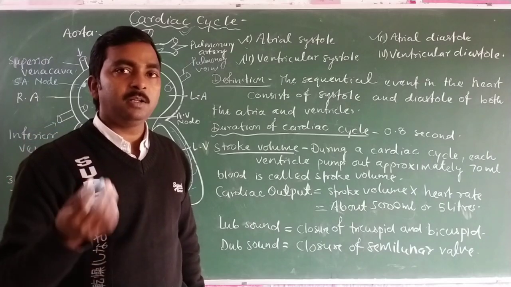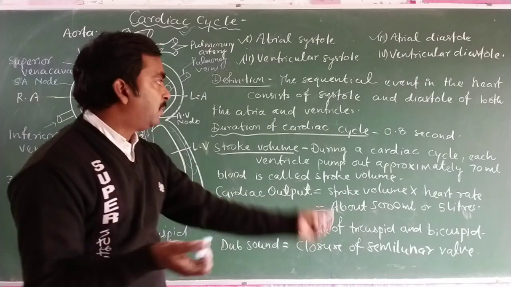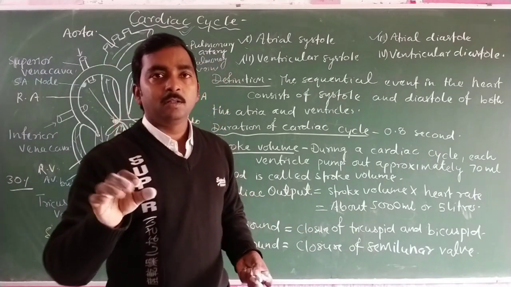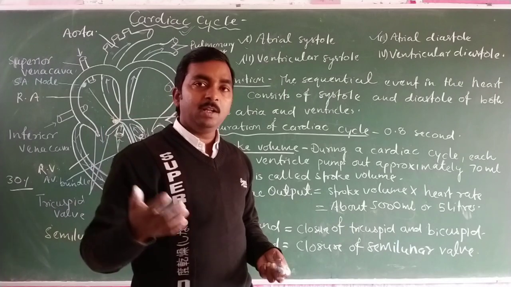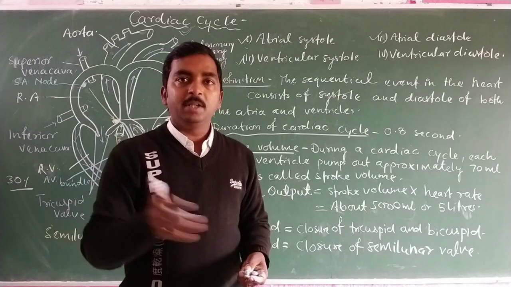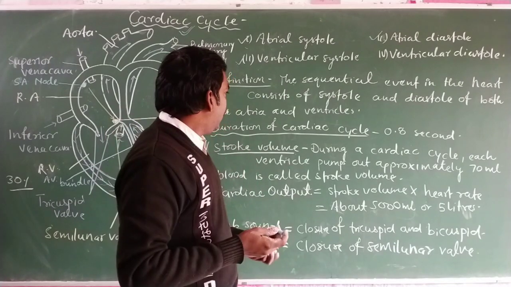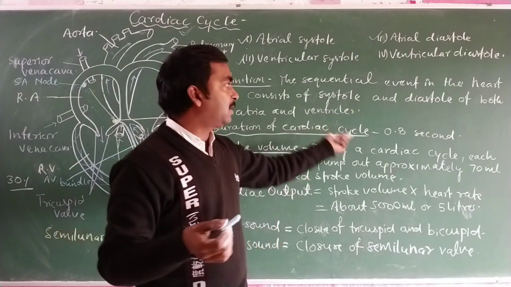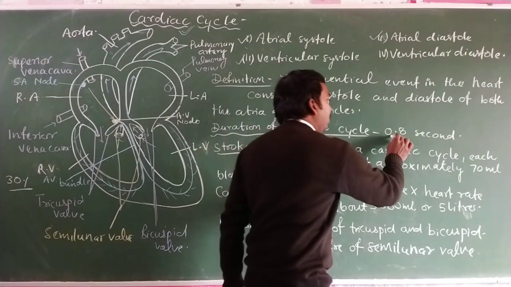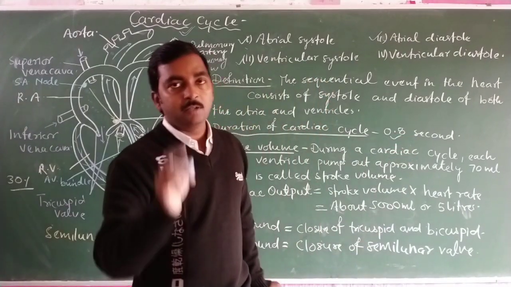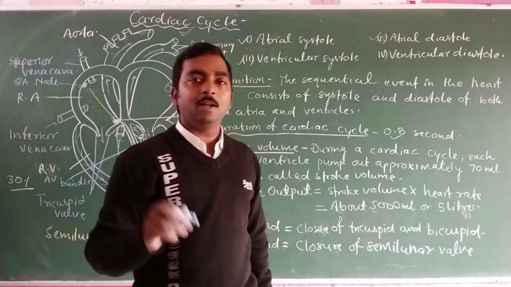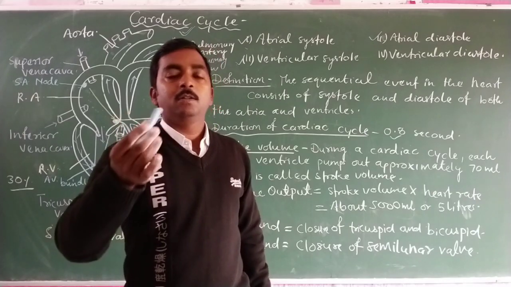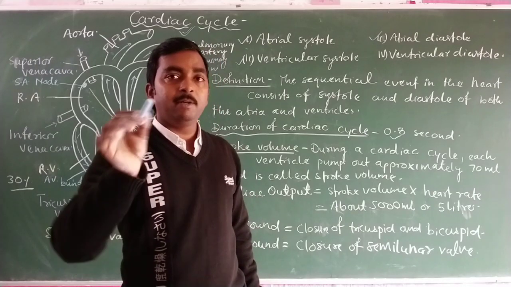So on that basis, the duration of the cardiac cycle is about 0.8 second, because in 1 minute there are 60 seconds, while in 1 minute the number of heartbeats is 72.